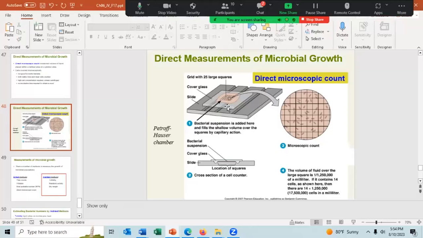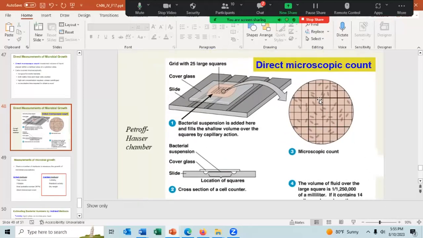Like I said, it's usually done on a gridded slide. The slide here has a specific volume under the slide, and it has a grid on it. The grid is usually such that one such square here has a volume of 1 microliter. Is that right?